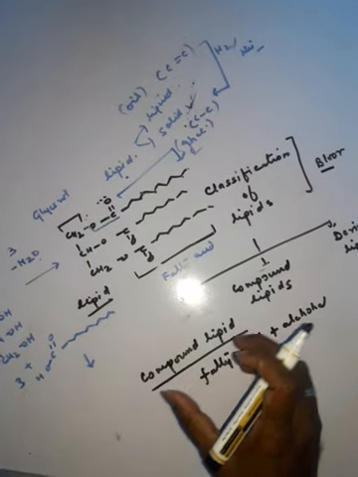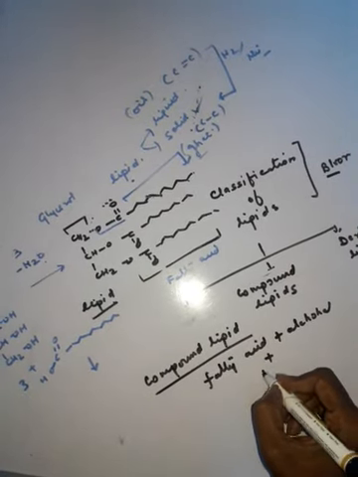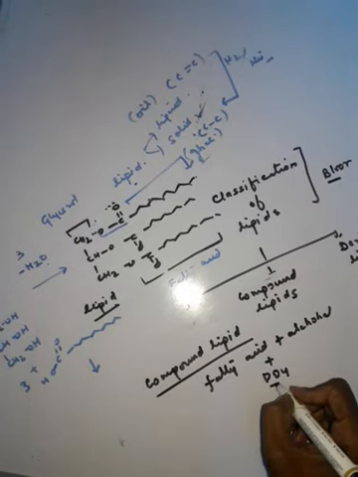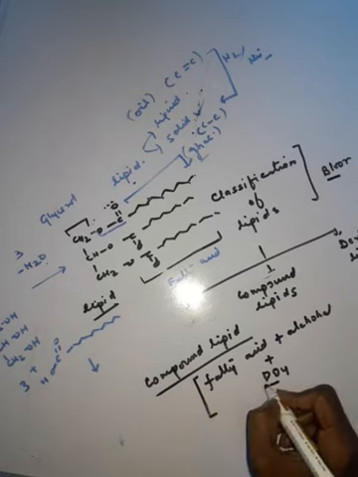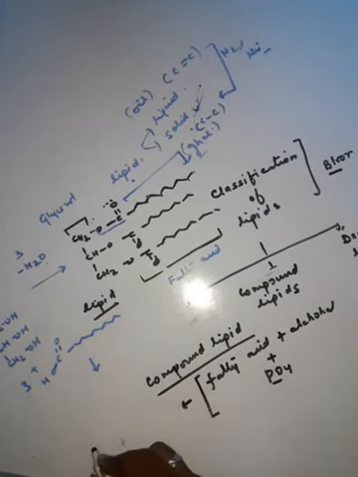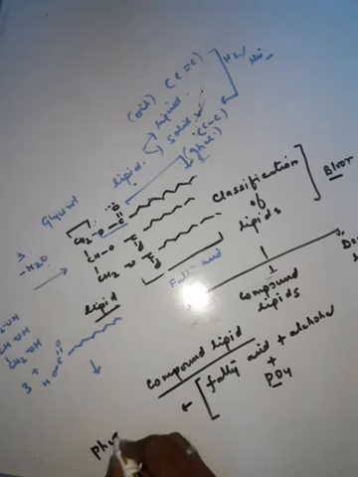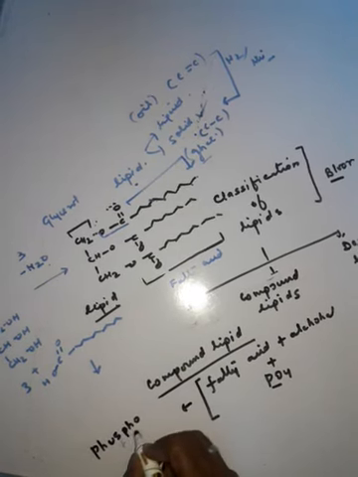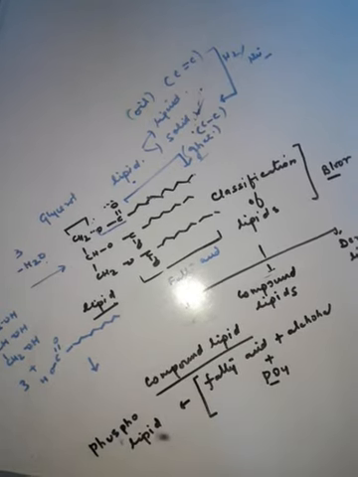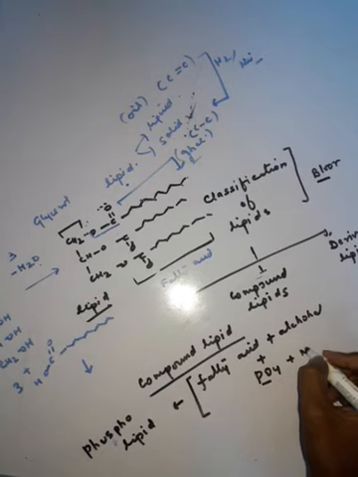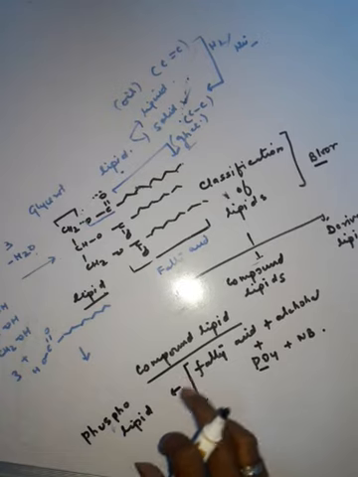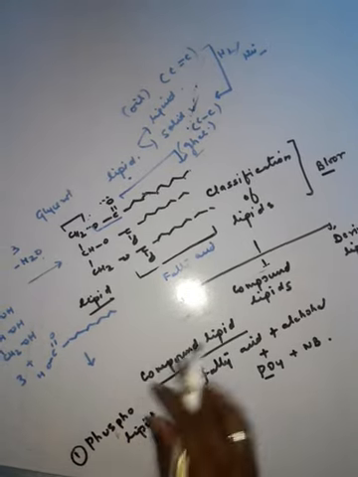compound means any other species is also present, and if phosphate is present, since phosphorus is added, then the nature of lipid will be phospholipid, because you add phosphate here. Some nitrogen base is also added when you form the phospholipid. So it is one class of compound lipid.